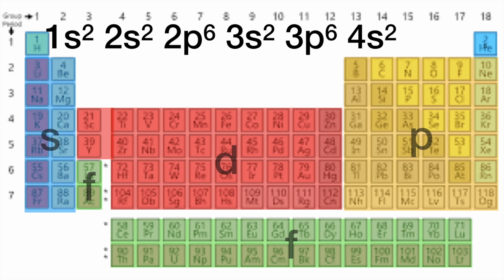And d is kind of weird because it decreases the period number by 1. 3d6, not 4d6.